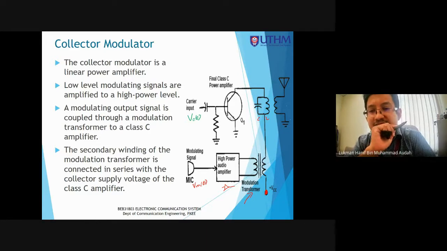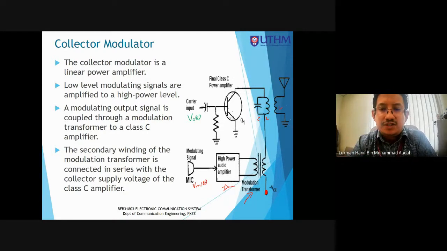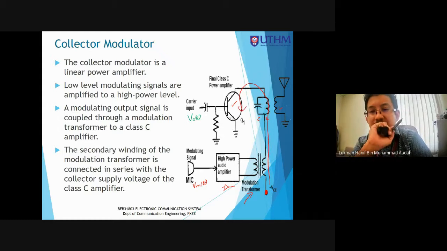Disambung kepada LC tank circuit. This is L. And then disambung kepada transistor kepada carrier. So apabila transistor ini switch on, maka current boleh mengalir daripada VCC kepada ground. And at that time, LC tank circuit will charging.